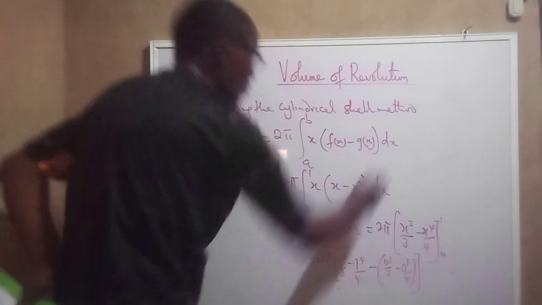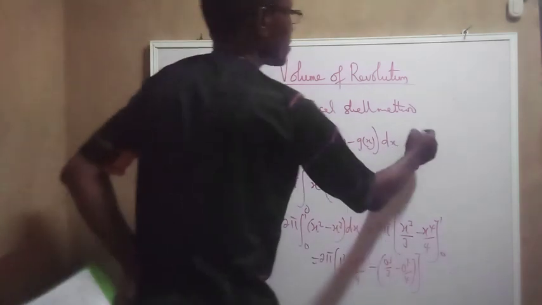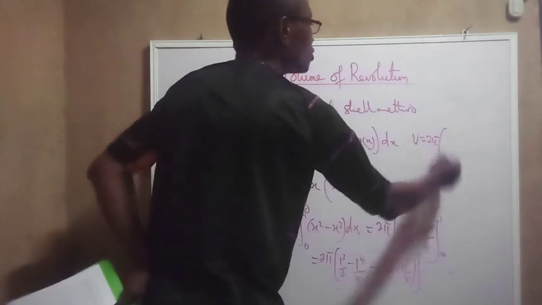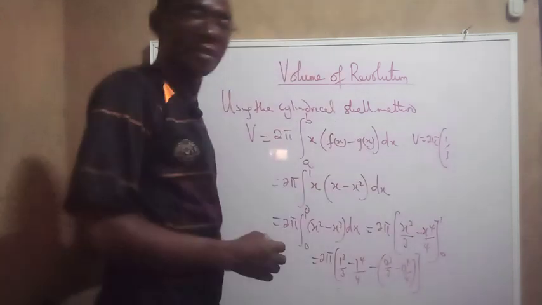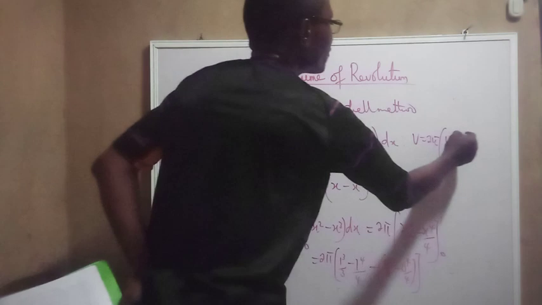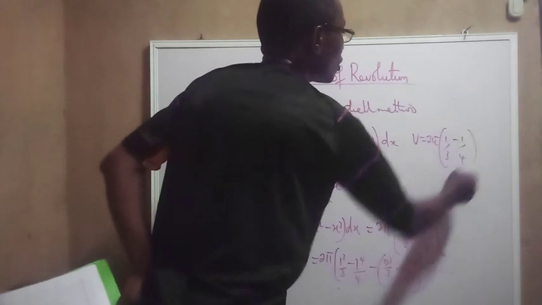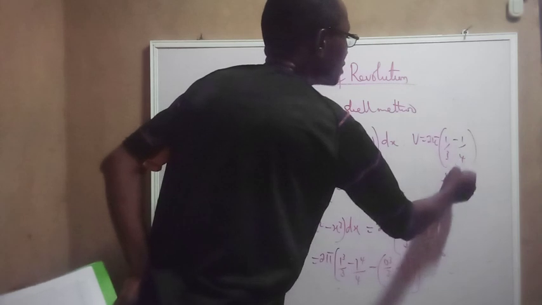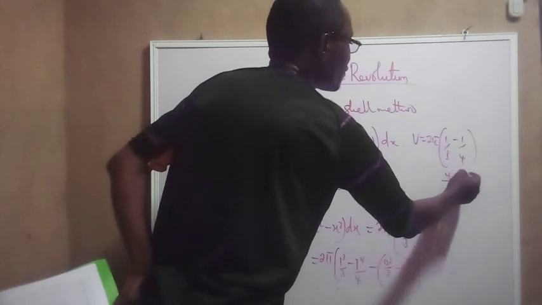So let's write it here. We have 2 pi times 1 over 3 minus 1 over 4. Our LCM will be 12: 4 into 12 is 3, 3 into 12 is 4, so 4 minus 3.